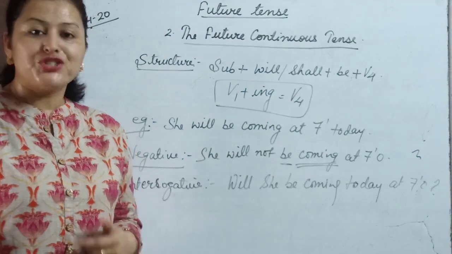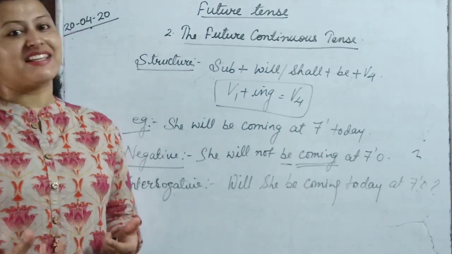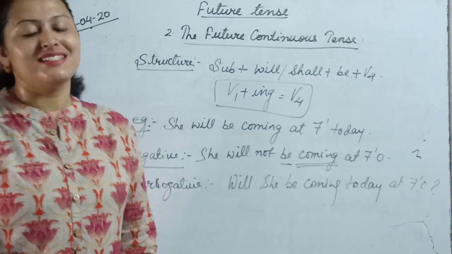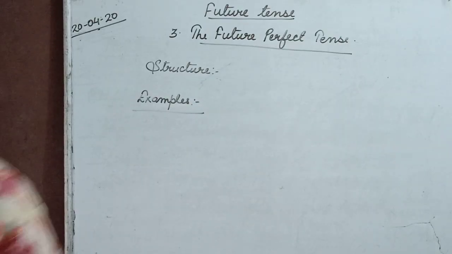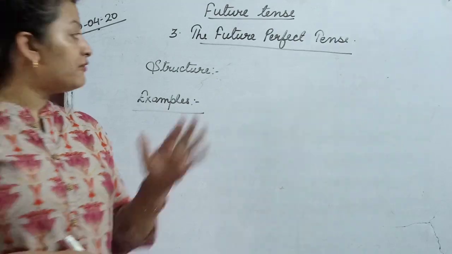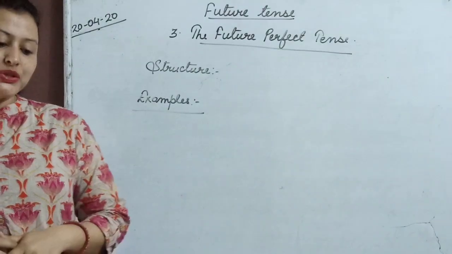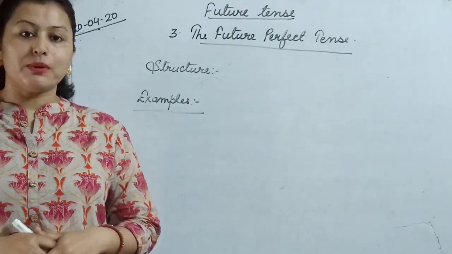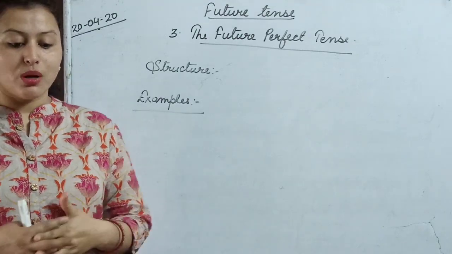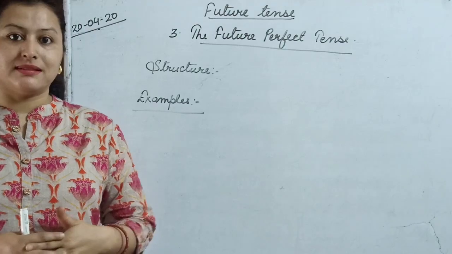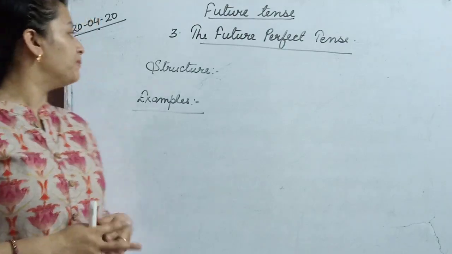Now let us jump to another form of the tense, that is the future perfect tense. Where do we use the future perfect tense? Future perfect tense is used when an action occurs in the future before another action takes place. Let us move with the structure.